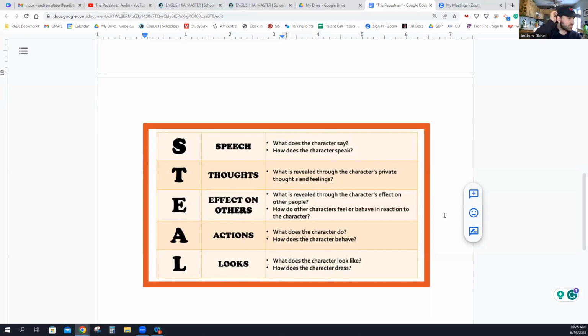And last, looks. Probably the least important one, but still relevant, right? What do they look like? How do they dress? Okay, if they're wearing a police uniform, right, that tells you something about this character, most likely. So you want to think about physical looks, even though typically that's not the best determiner of character, right? But we're human beings. It's one of the first things we do when we see somebody is what do they look like?